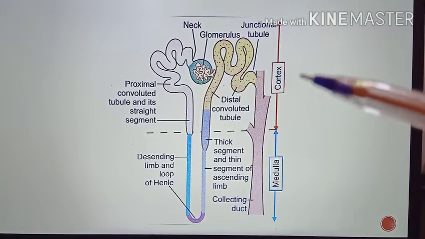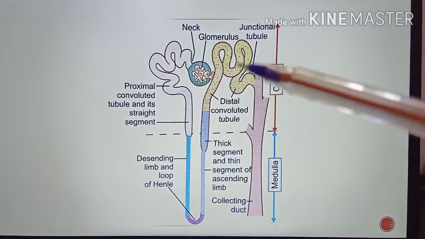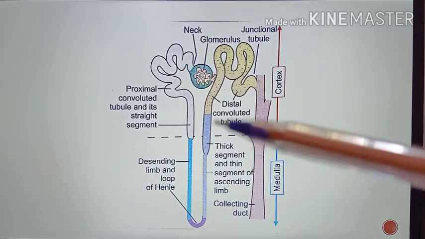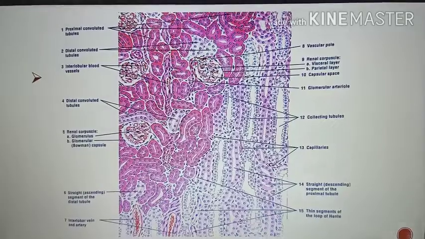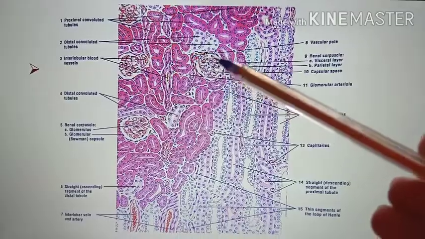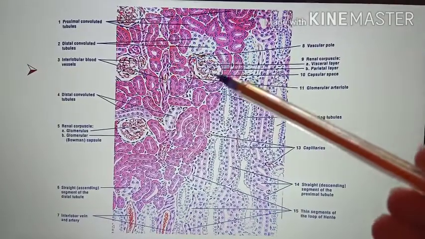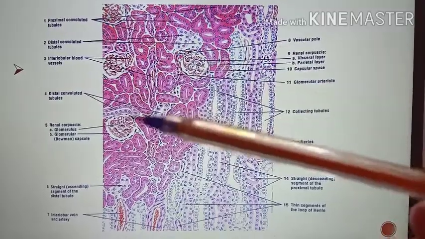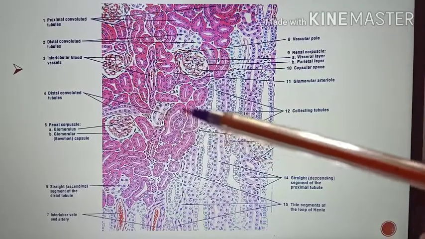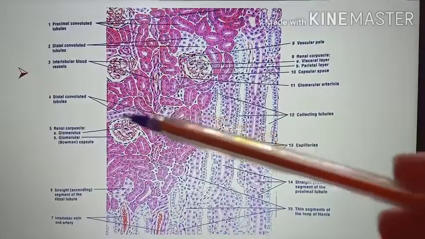It is present in the cortex. It is the continuation of the ascending limb of the loop of Henle. In this diagram, this was the glomerulus, Bowman's capsule, and these were the proximal convoluted tubules. What you're seeing here are the distal convoluted tubules.